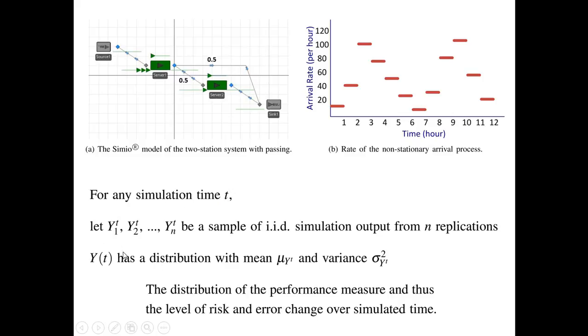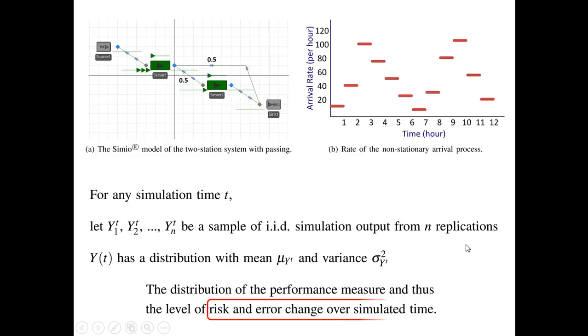And as you can imagine, number in system is now a function of time, and its distribution, as well as its population mean and variance, are all a function of time that change with t.